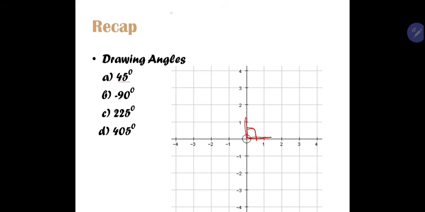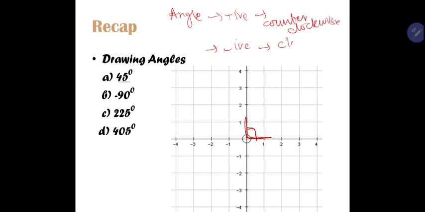If the given angle is positive, you will need to go counterclockwise. And if the given angle is a negative angle, then in that case you will go clockwise. So imagine this is a clock, and these are the two arms that you have on a clock.